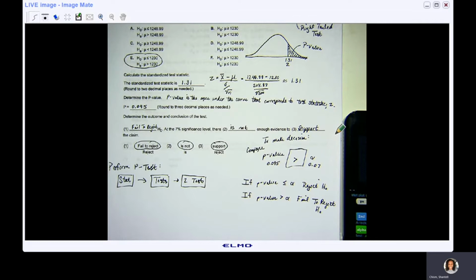Because failing to reject means you did not throw it away. You're not saying it's accurate. You're not saying it's true. You just don't have enough evidence to say that it's false, so you can't throw it out. And what that means is either of these now could be true, okay? So we simply just have to say there is not enough evidence to support.